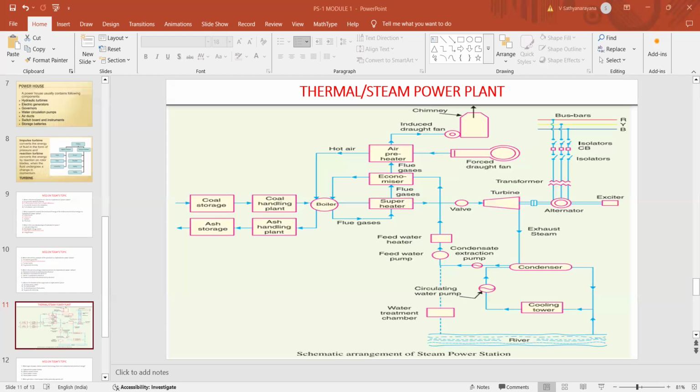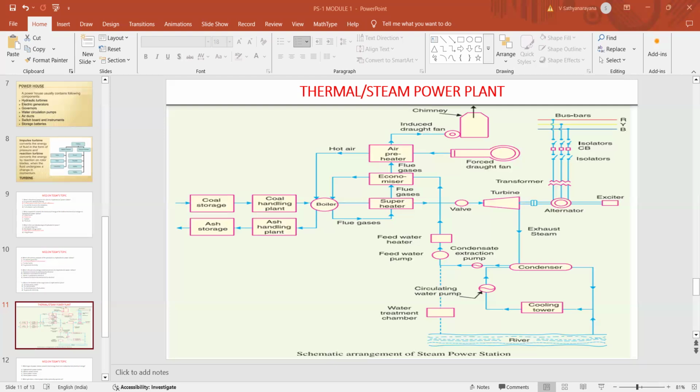The heat energy of the steam, when passing over the blades of a turbine, is converted into mechanical energy, or simply rotating mechanical energy. That means thermal energy is converted into mechanical energy. Remember the conversions of the energy here. Thermal energy is produced, and after that, thermal energy is converted into mechanical energy as an output of your steam turbine.